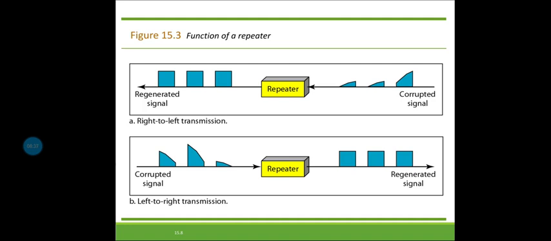So coming to the function of a repeater here, you can see either left to right or right to left transmission of the signal with the usage of the repeater. The location of the repeater in a link is very important.